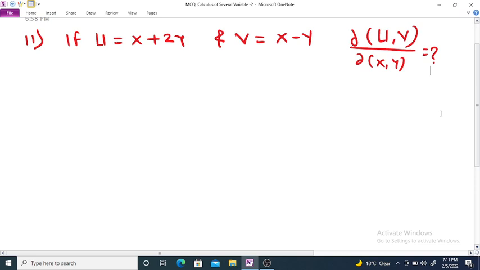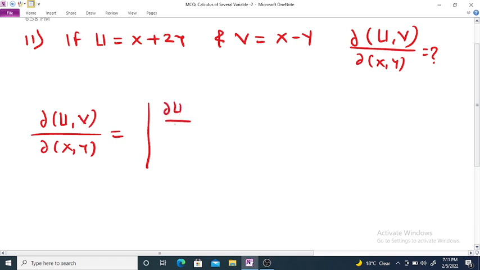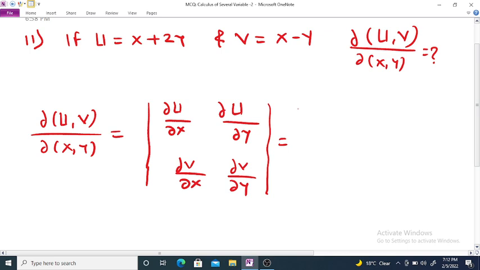So here we want to determine the Jacobian of x, y. ∂(u,v)/∂(x,y) is equal to the determinant of ∂u/∂x, ∂u/∂y, ∂v/∂x, and ∂v/∂y. So we want to evaluate the partial derivatives here. ∂u/∂x is equal to 1, ∂u/∂y is equal to 2.